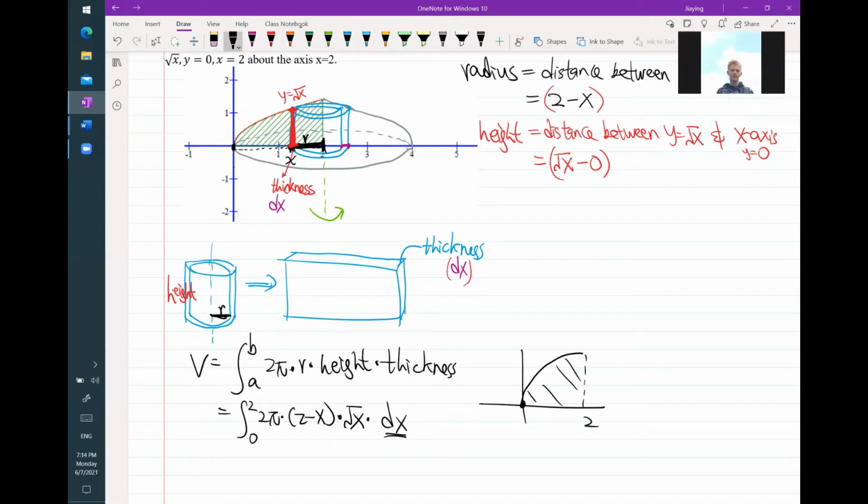How do we find the radius? Let's go back to the drawing of the solid I drew here. The radius of that cylinder, because the center of the cylinder is at x equals 2. The black segment I drew at the bottom of that cylinder, that will be the radius.